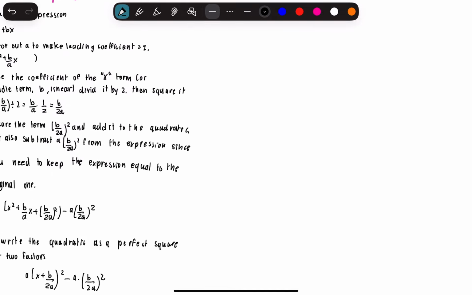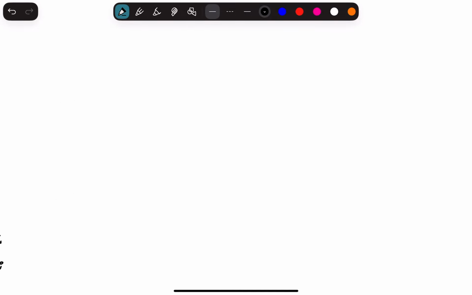So let's do some examples of this. Let's say that we have x squared minus 4x. So this would simplify to x squared minus 4x and a blank.